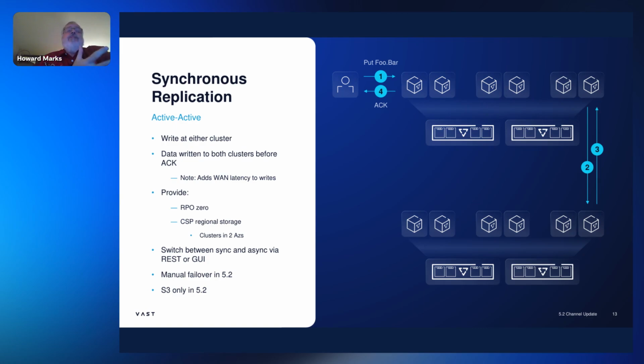The next big piece for 5.2 is synchronous replication. We've had asynchronous point-in-time replication in the VAST Data platform for a while, but that only allows you to achieve a recovery point objective of about twice the replication period.